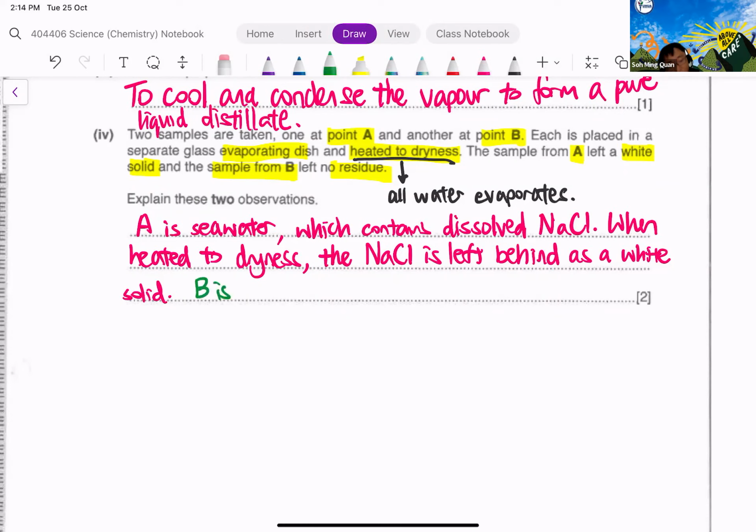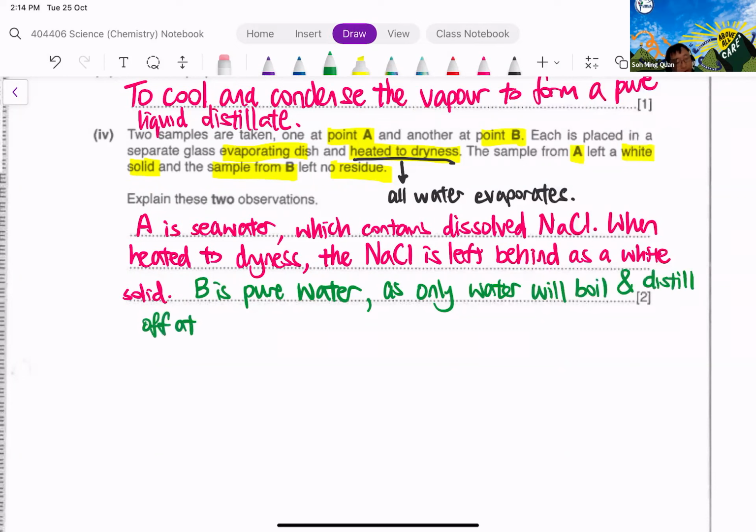B is pure water. Why is B only pure water? Because only the water will boil and distill off at 100 degrees Celsius.